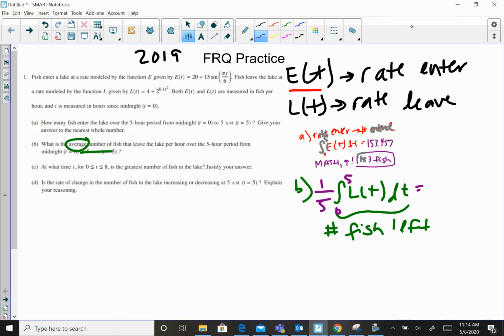All right, so again, I'm just going to plop this into my calculator. I've got Math 9 from 0 to 5. L of t is 4 plus 2 to the 0.1 t squared, or x squared, dx. And then don't forget to divide by 5 to find the average. So this is 6.059.